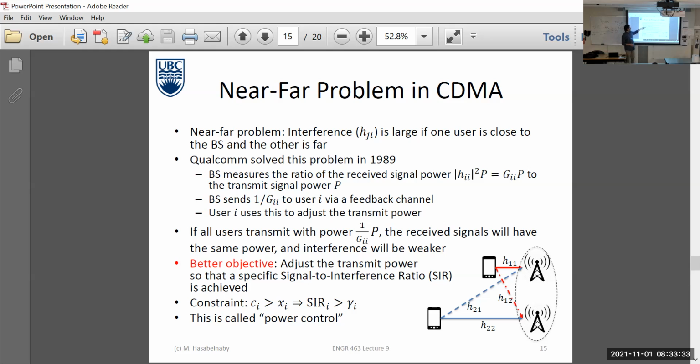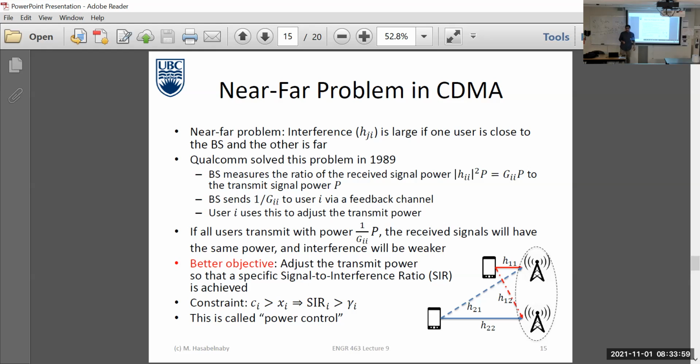So this problem was solved in 1989, and CDMA was applied in mobile communications by the end of 1990s, or by 2000 in this region. Okay, so this is a hint for you.